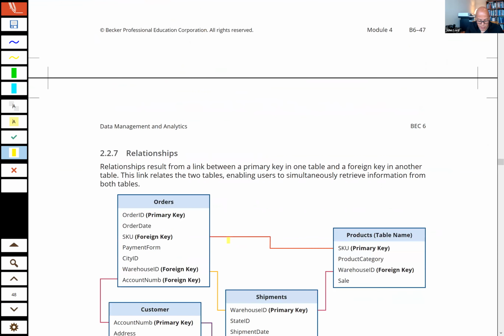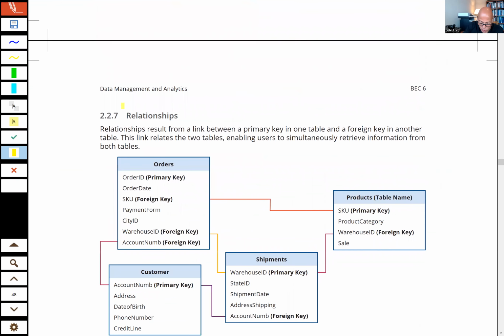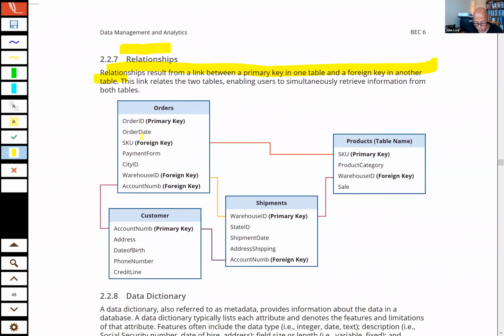But when we take a look at the relationships, we link primary keys with foreign keys in another table. So let's just kind of play with this a little bit. Notice that we have a customer and their account number is the primary key in the customer table, and then we're going to link that to account number, which is a foreign key in the orders, so we know what the customer has ordered.